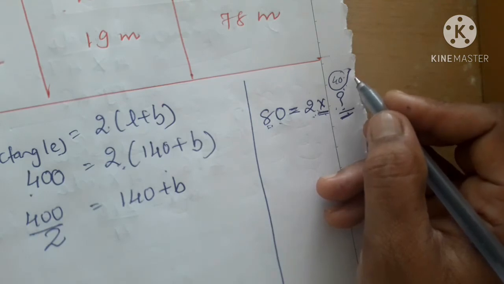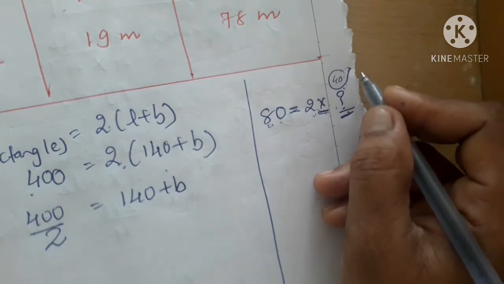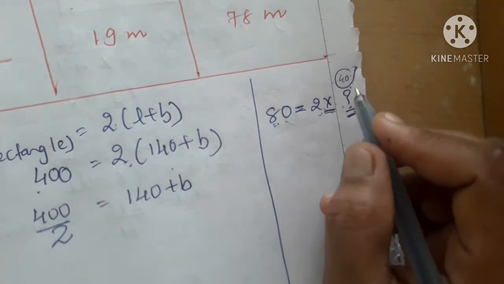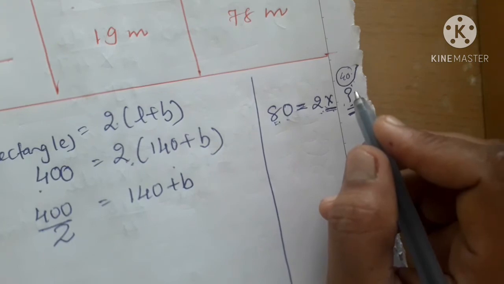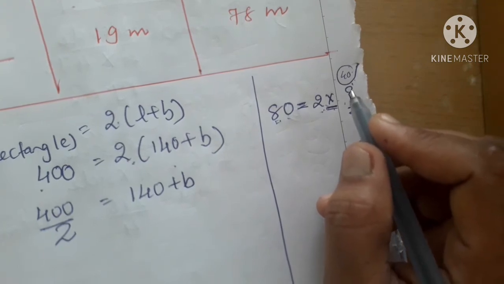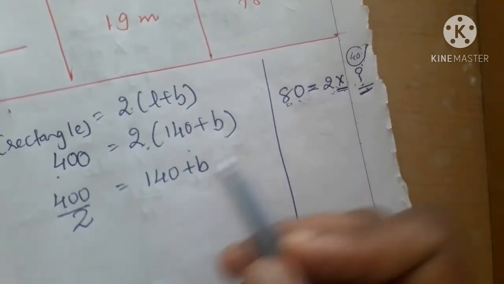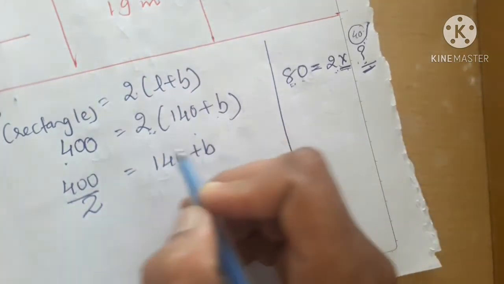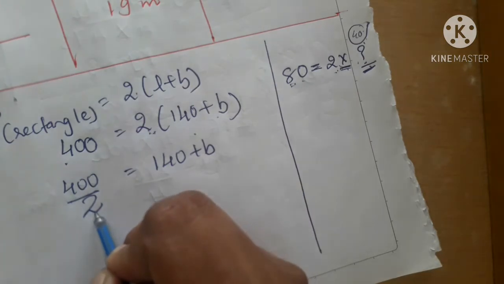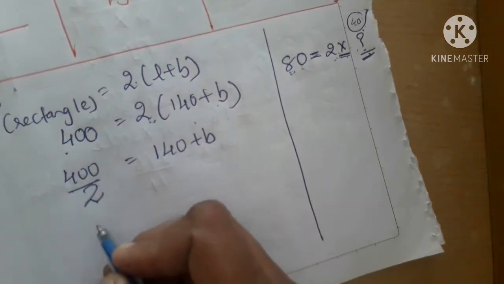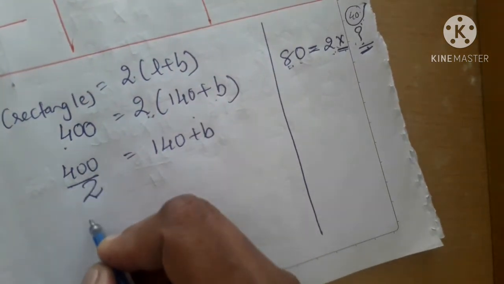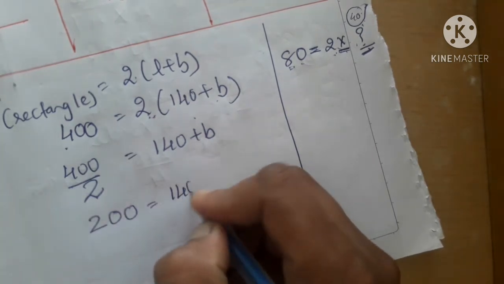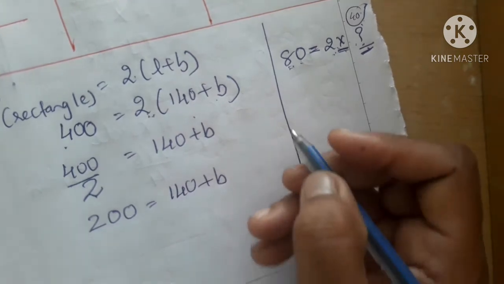That is when you transpose, you are going to change the sign. Okay, we will come across such questions and I will be explaining you, but at present remember that if this is 2 into something, that means 2 will go in the denominator. So what is the answer I am getting here? 400 divided by 2, that is 200. 200 is equal to 140 plus b, right?